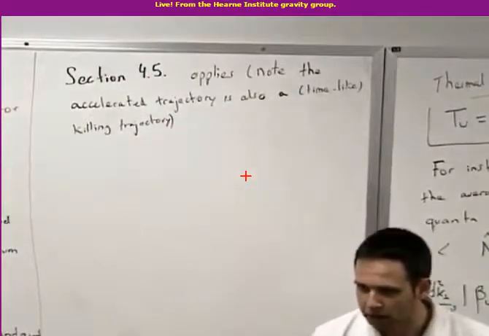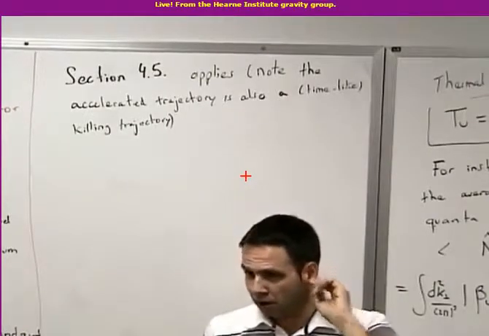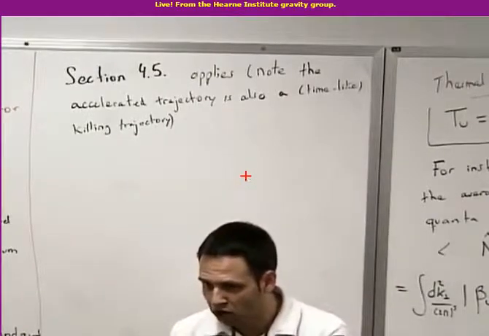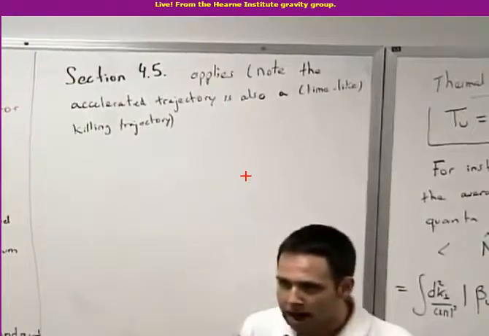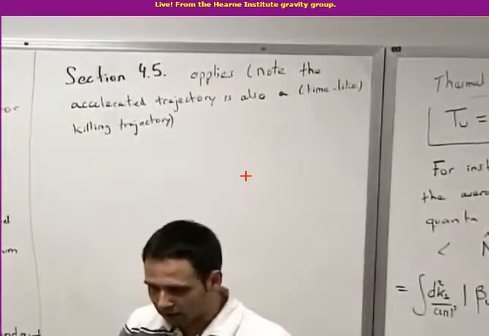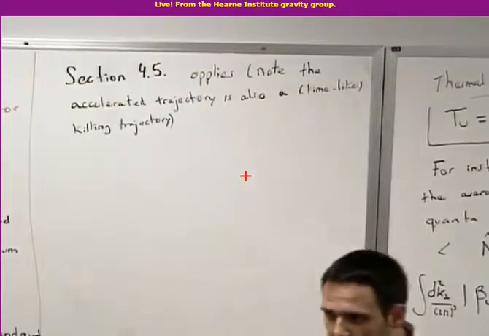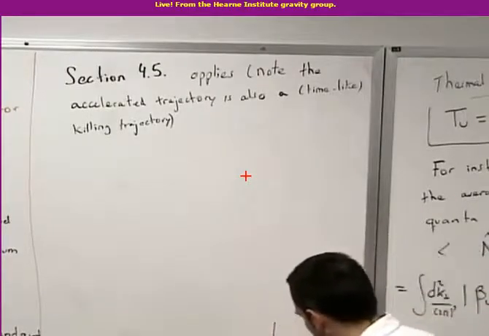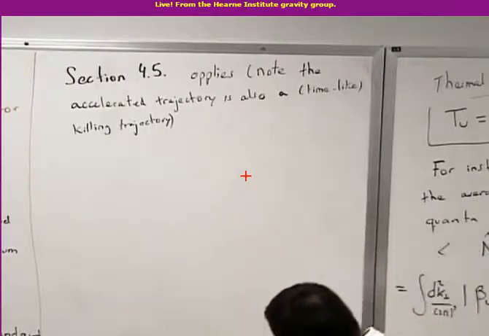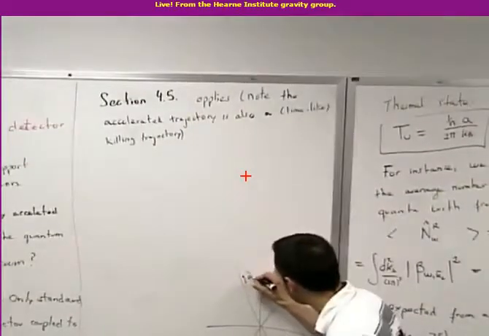We saw that because, remember, the Rindler metric in Rindler coordinates was static. So the coefficients of the metric in Rindler coordinates don't depend on time. That means that if you are a Rindler observer at a constant Rindler coordinate, the metric is stationary, so you are really following a Killing trajectory. In Minkowski you have many Killing trajectories, and the Killing vector field here is partial t, Minkowski time.